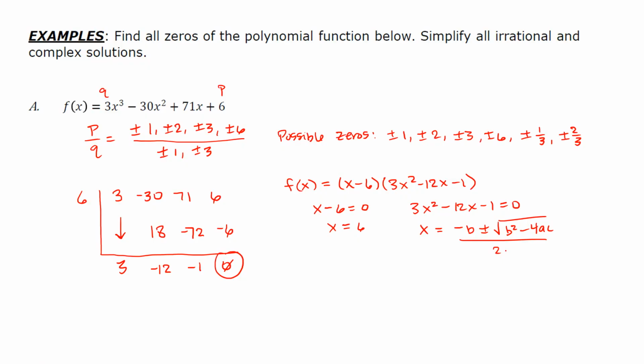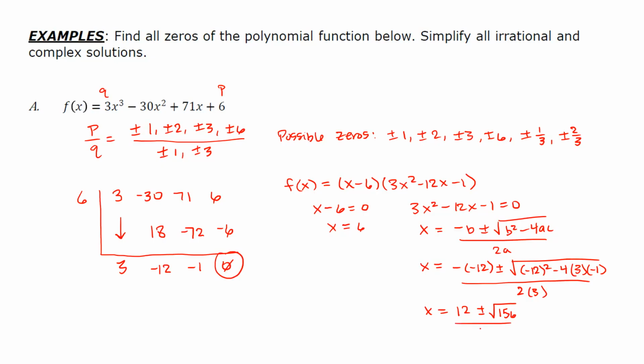Okay? So this is our quadratic formula. So substituting in, we have negative 12 as b, the square root, negative 12 squared minus 4a times c, all over 2 times a. And this will get us 12 plus or minus the square root of 156 over 6.